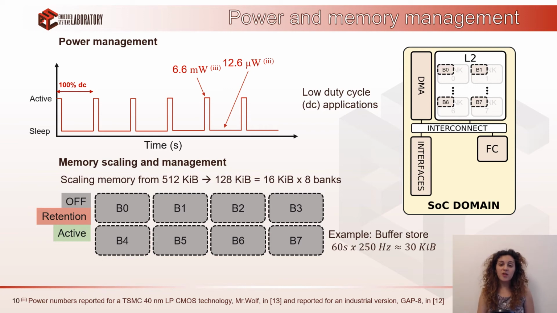For example, if we have 60 seconds of buffer to store, which is roughly 30 kilobytes for an integer of 16 bits, the first memory bank is activated. Then once it's full, the next one is activated and the previous one is put in retention mode, and so on till the memory is full or till it's needed.